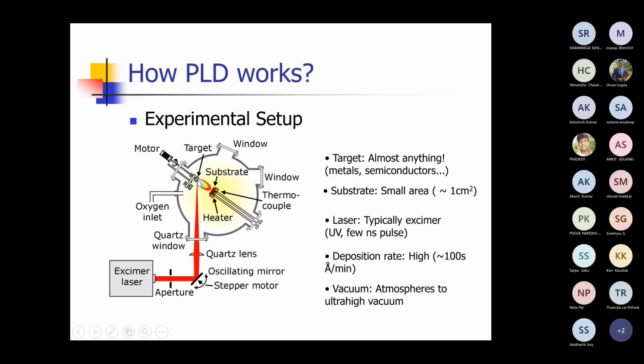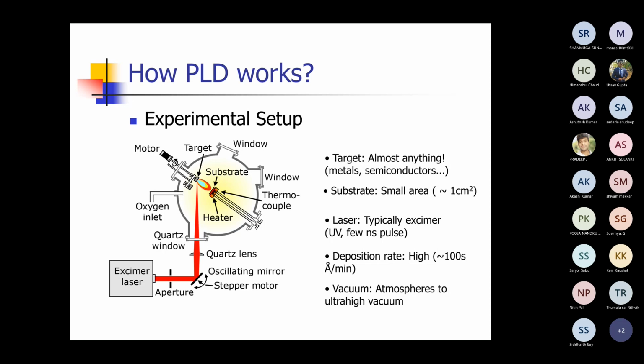From the target it will immediately ablate, and ablate means all the product is converted to plasma due to the high power of the laser. And then whatever is ablated will deposit on this substrate.